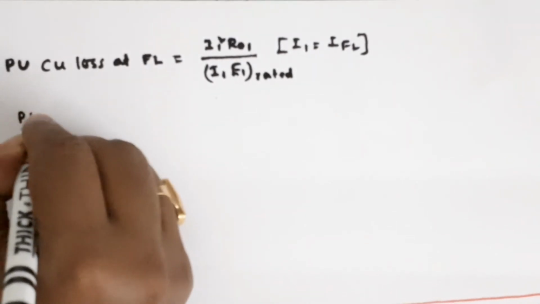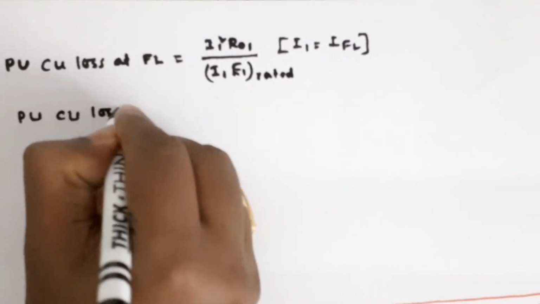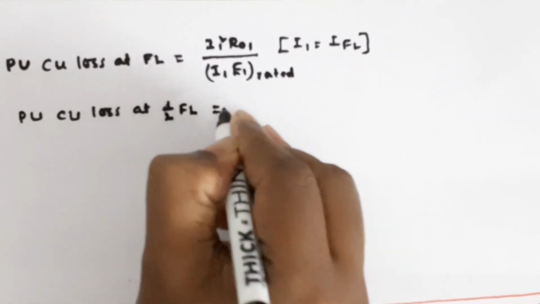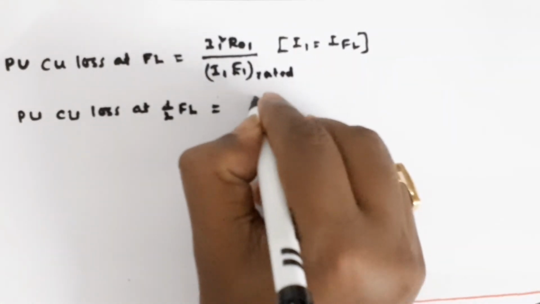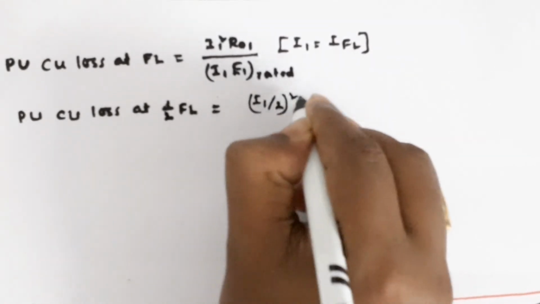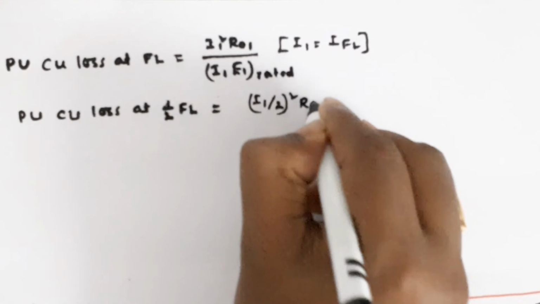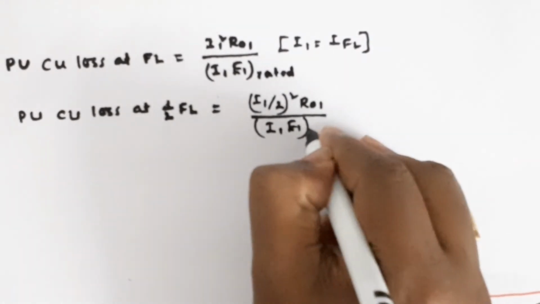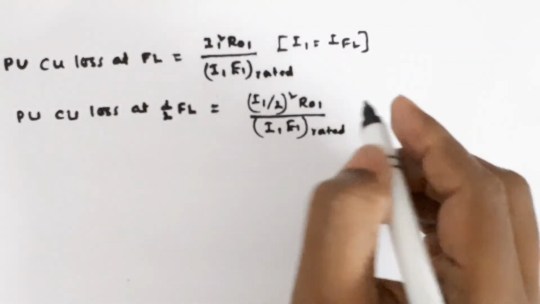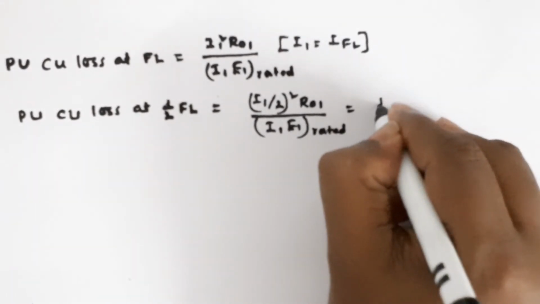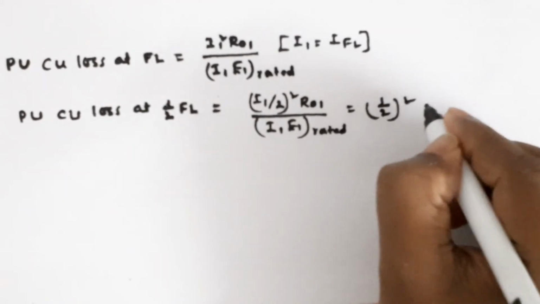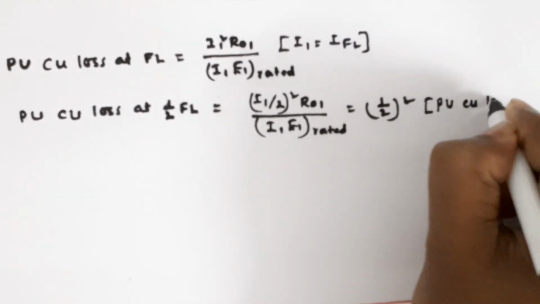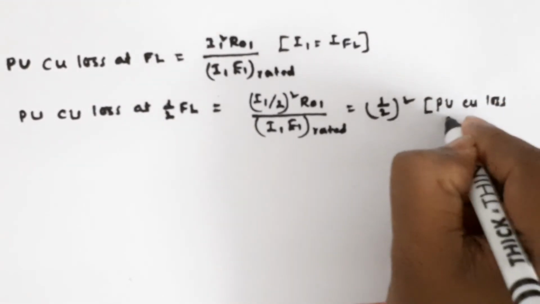Similarly, per unit copper loss at half of full load is given by (I1 divided by 2) square into R01 divided by I1 E1 rated, that is equal to half square into per unit copper loss at full load.